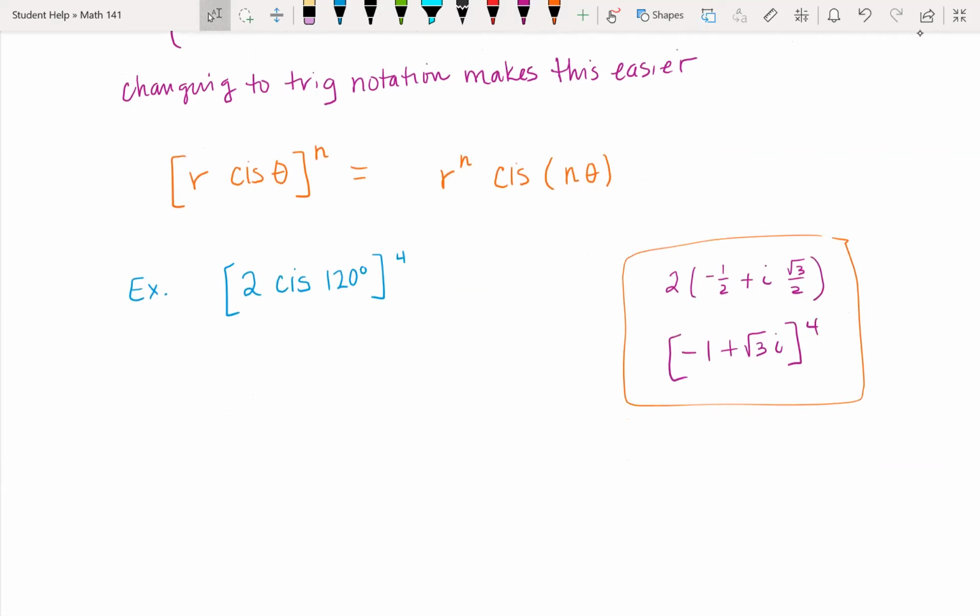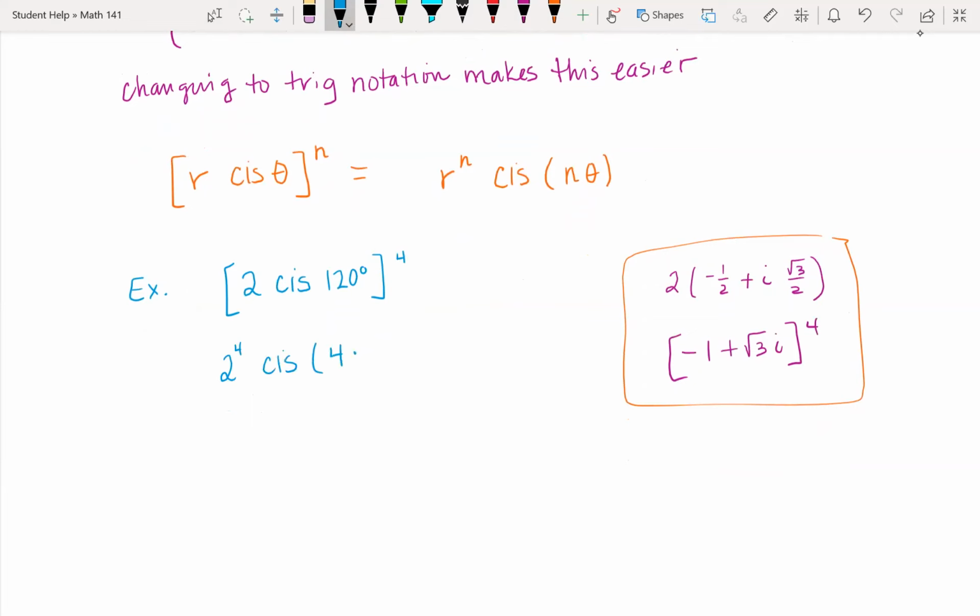Instead, what we'll do is we'll raise 2 to the 4th power. That's easy. And then we'll take the 120 and multiply it by 4. So it looks like we've got 16, and then we've got 480 degrees.